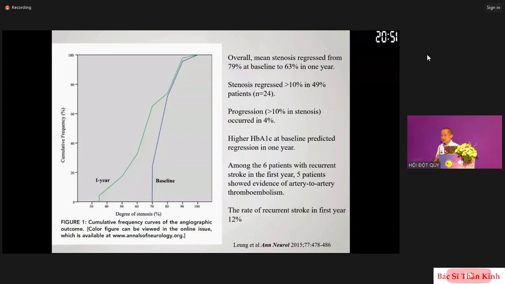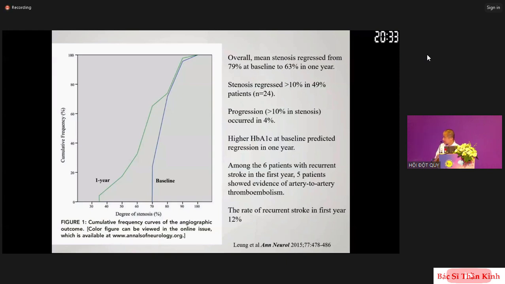So here are the results. It shows that ICAD is not a fixed stenosis. On the graph on the right, on the left-hand side, you can see here, this is the baseline. So all stenosis is more than 70%. Okay, you see the blue line there.